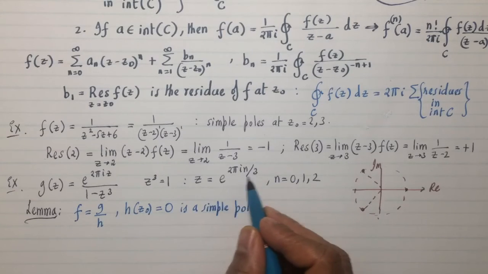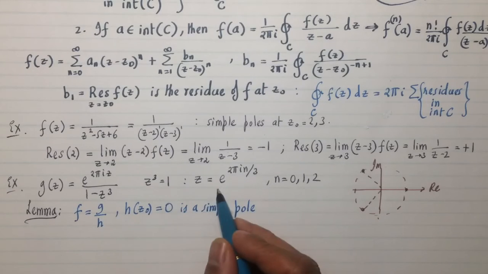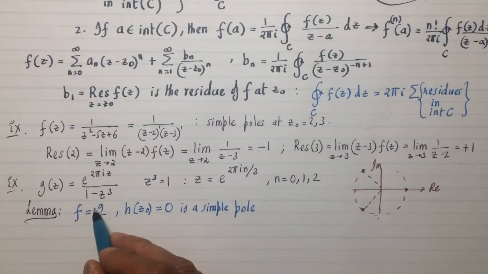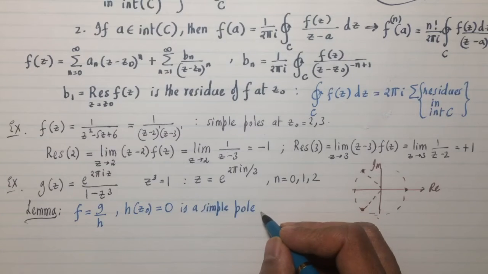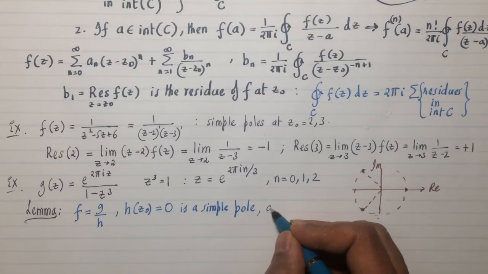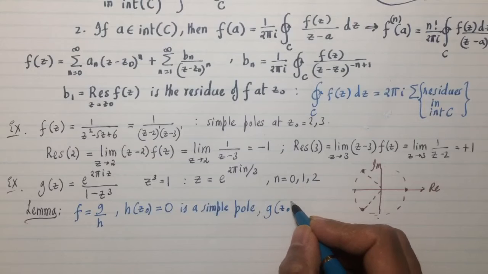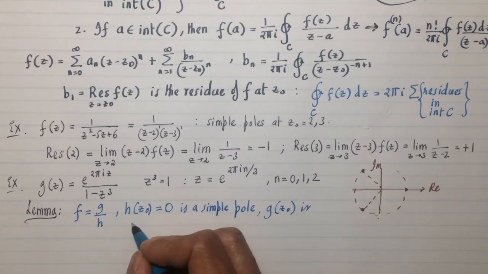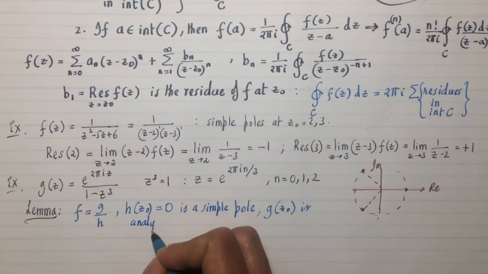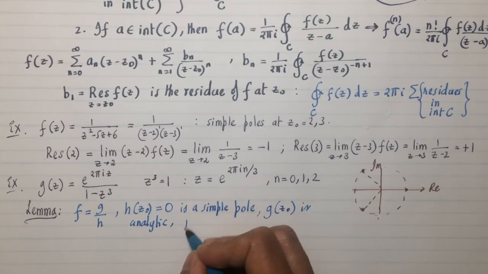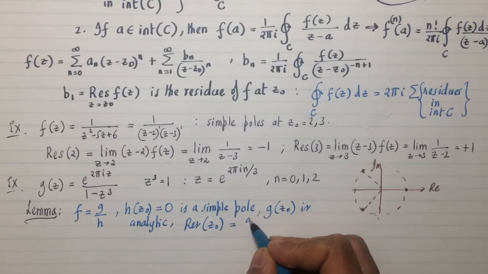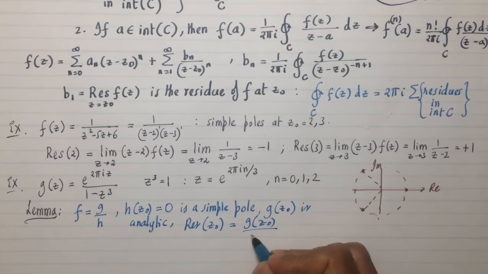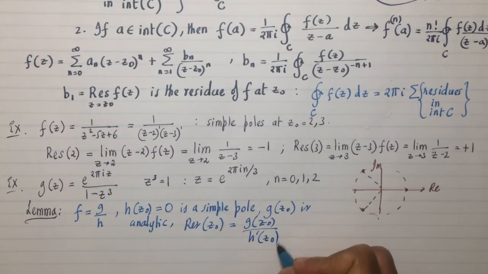observe that these are all 3 simple poles, because if I write 1 minus z cubed as a factor, there will be 3 non-repeating factors. Then, if g of z naught is analytic, the residue at z naught is simply given by g of z naught divided by h prime of z naught.